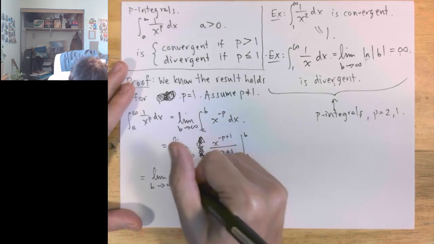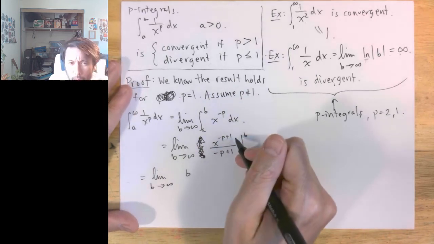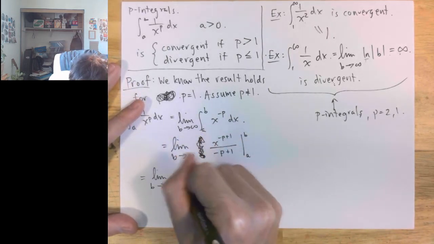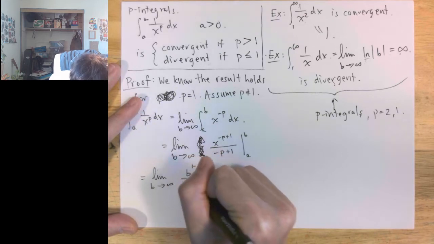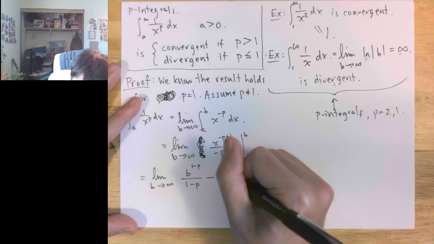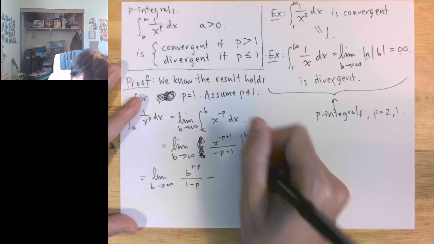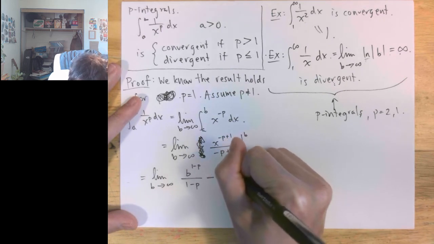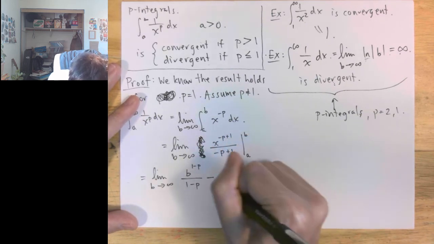So I get b to the negative p plus 1, which I'm going to write as 1 minus p. It just looks better to me. 1 minus p minus what we get by sticking a into this. So if we stick a into this, we get a to the 1 minus p power divided by 1 minus p.